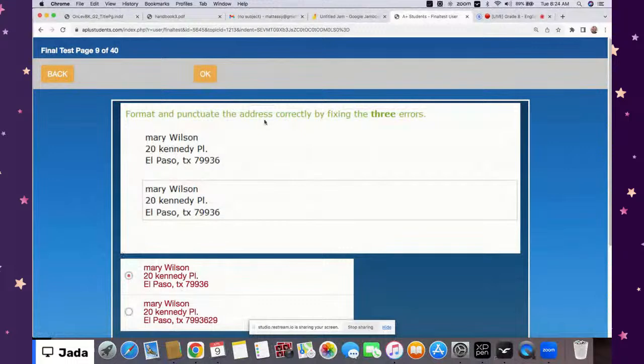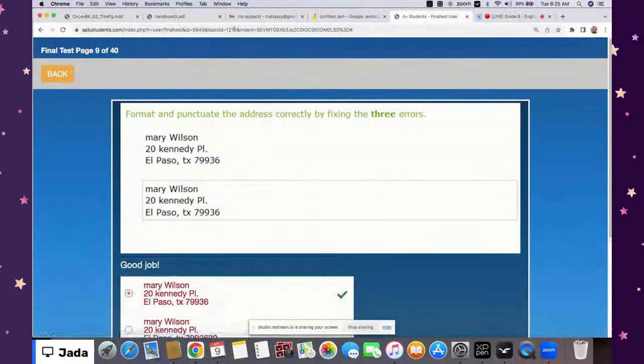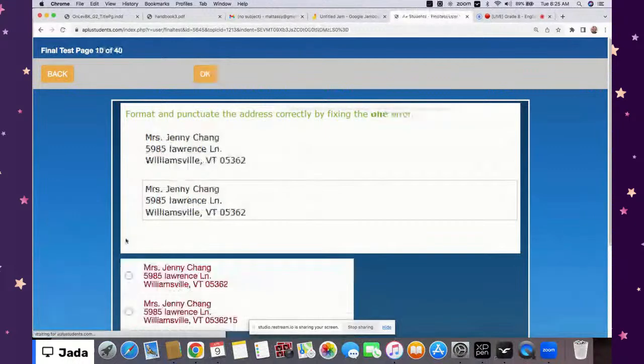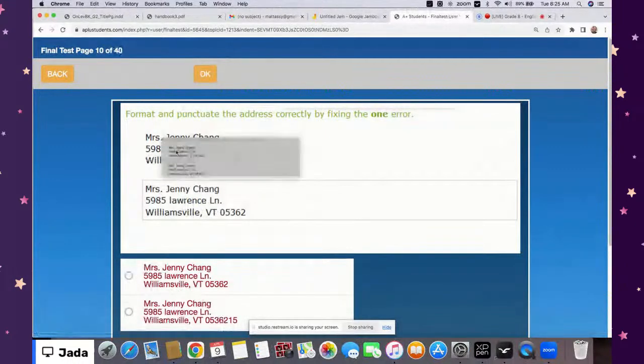So Mary, M shouldn't be in small letters. TX, Texas, the state shouldn't be in small letters. So the Lawrence, the name of the street, shouldn't be in small letter. L for the Lawrence.